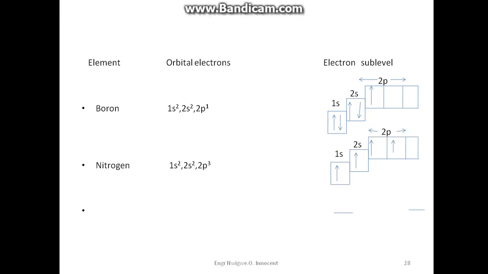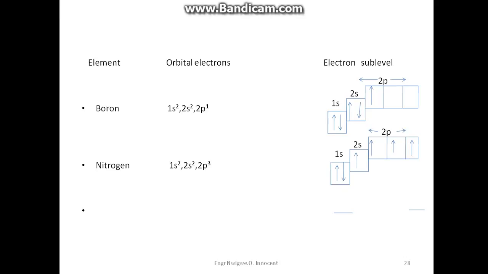Since the 2p has 3 electrons, the p has three arrows. Then, since 1s has 2 electrons, the arrow pointing downwards is now filled to indicate that s is completely filled.